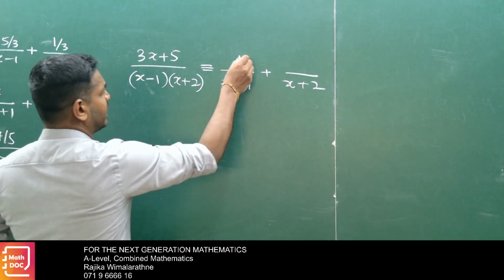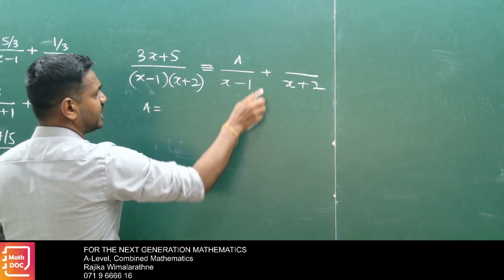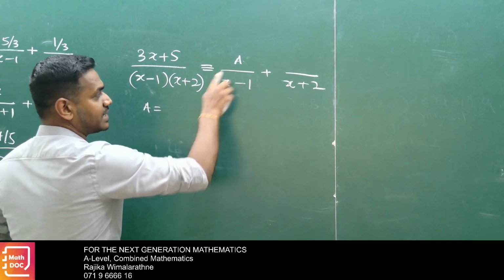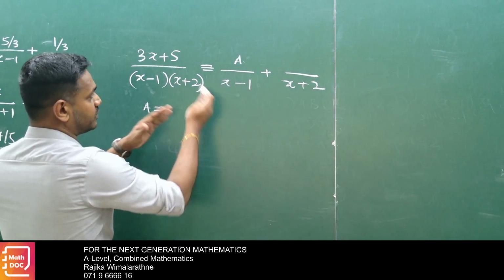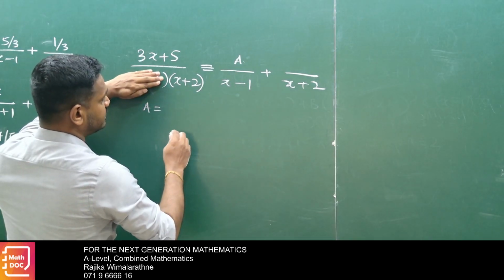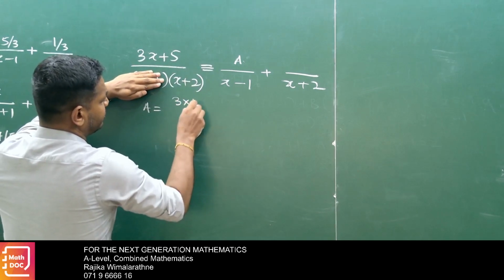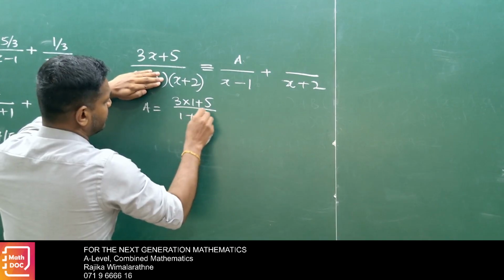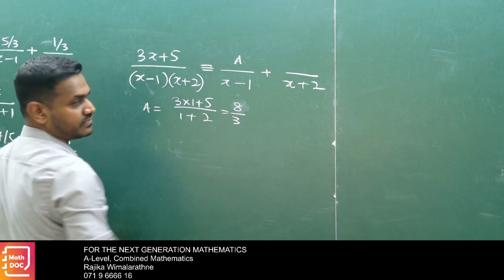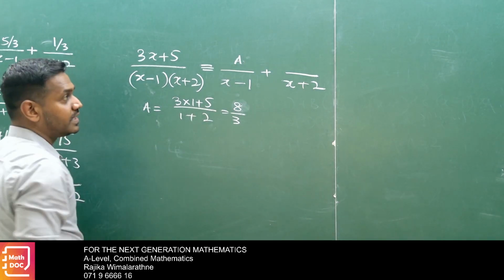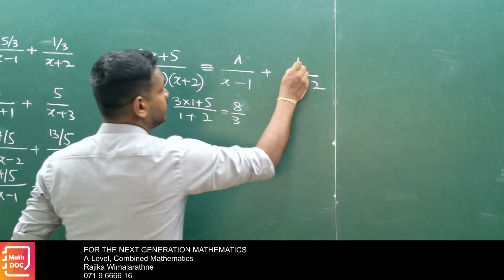Now let's say you need to find the A value. You check the denominator term x minus 1, no? That factor's zero value is 1. You go to the left side, cover that factor, and substitute 1 for each x value. That gives 8 over 3. So that is the A value. Then here x plus 2. Let's say you need to find the B value.